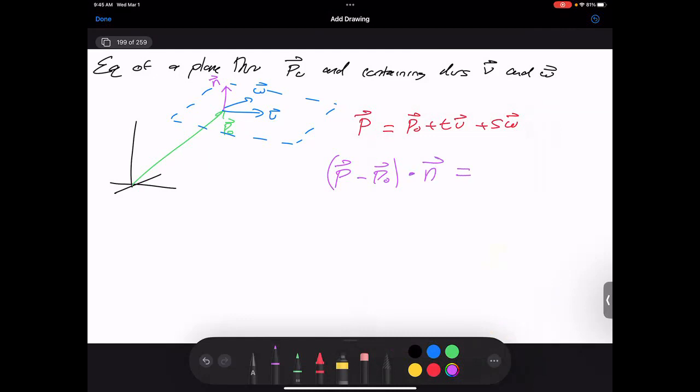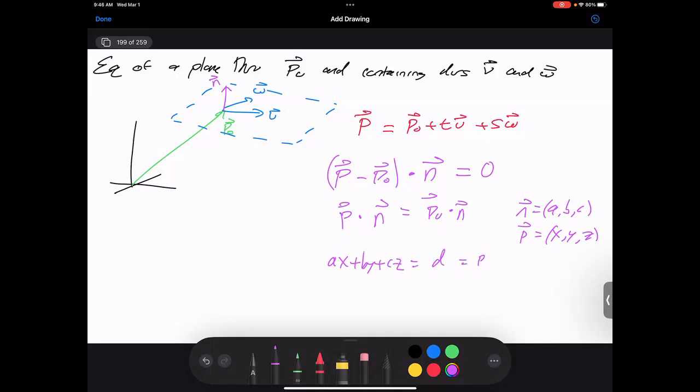The dot product is 0. 0 the number or 0 the vector? 0 the number. So I can write this as, P dot n equals P naught dot n, or if n equals ABC and P is XYZ, I'll get AX plus BY plus CZ equals D, which is my P naught dot n.